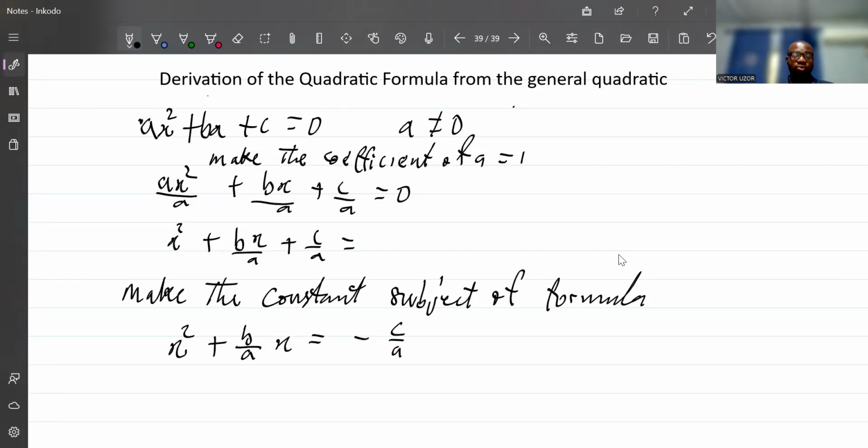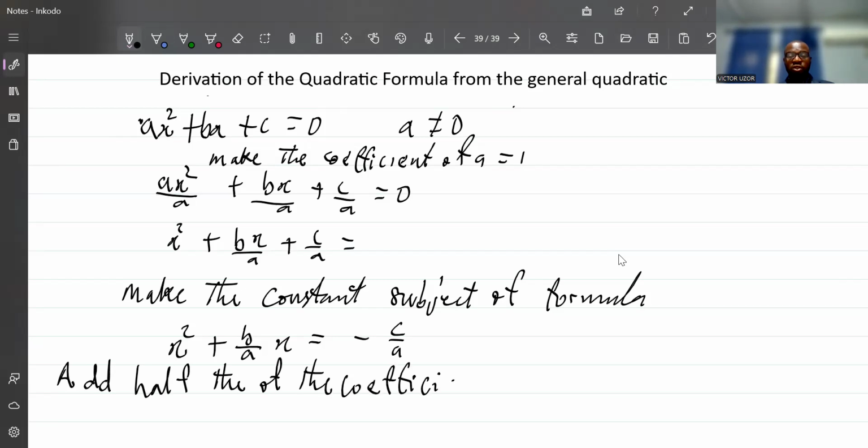So the way I usually put this is, well, add half the square of the coefficient of x to both sides.